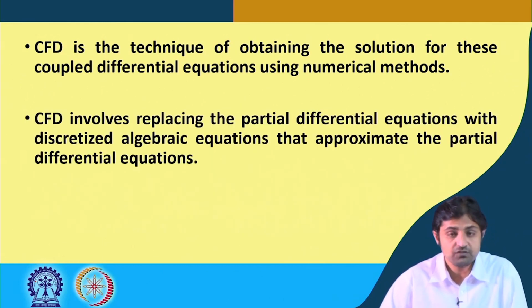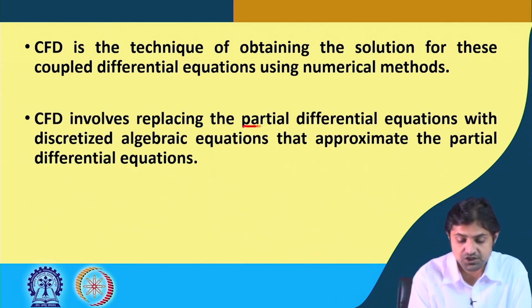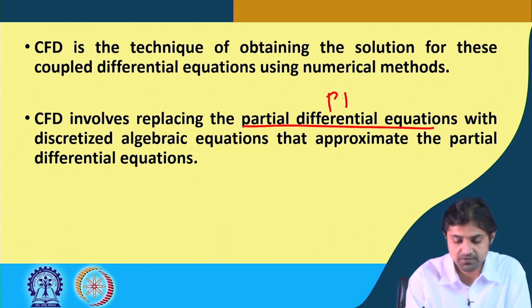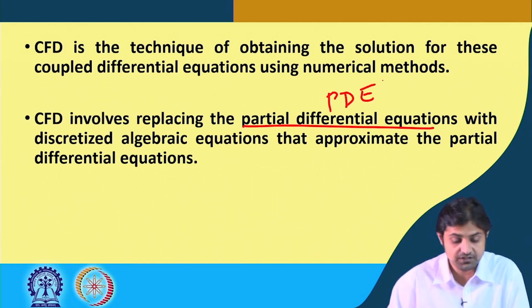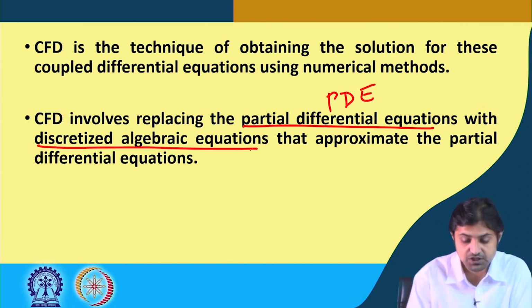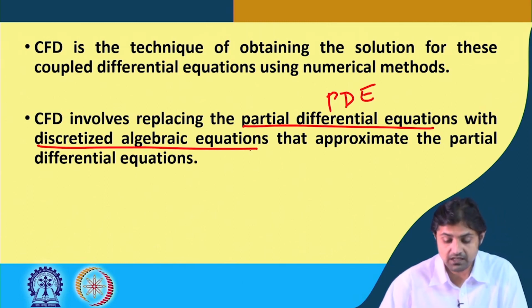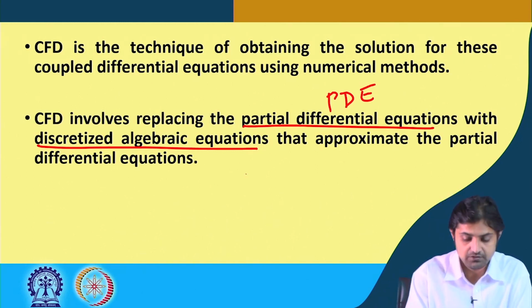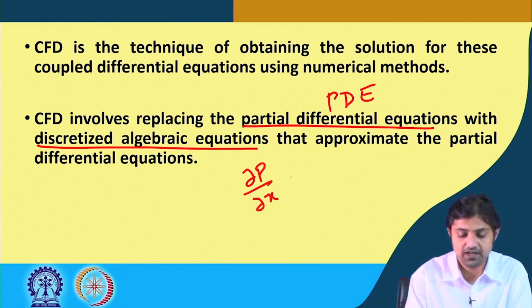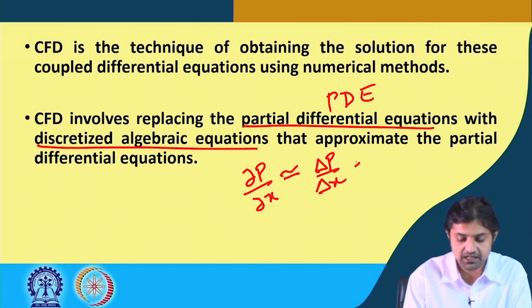So, CFD involves replacing the partial differential equation, that is PDE, with a discretized algebraic equation that approximates the partial differential equation. For example, if there is dp by dx, we have to replace it with, for example, delta p by delta x, or P2 minus P1 divided by something like that.